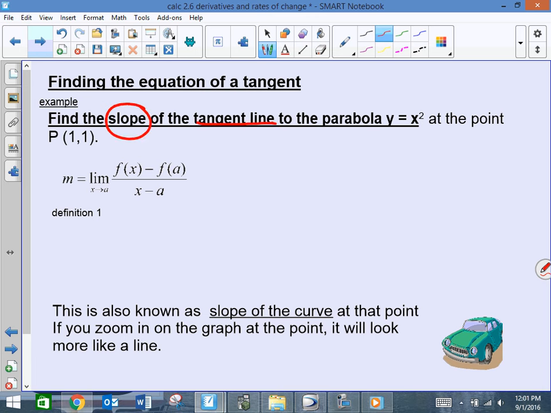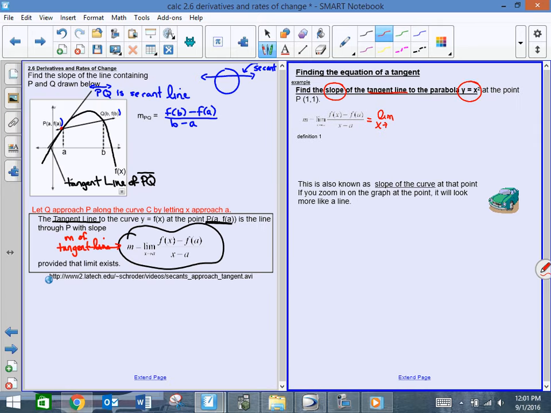Okay, so we are going to find the slope, using this formula, of the tangent line to the parabola y equals x squared at the point (1, 1). Okay? All right, so tell me what A is. Who can tell me where A came from in my formula? That was my original point, and that's where the tangent is. The x value, that's right.